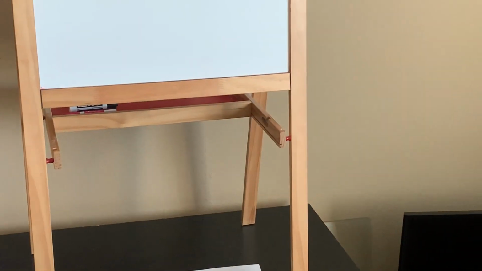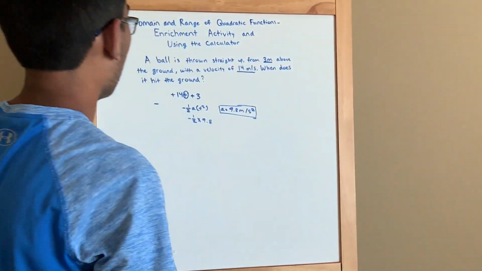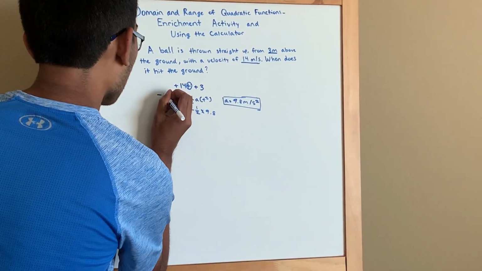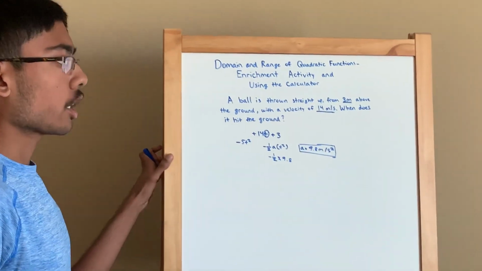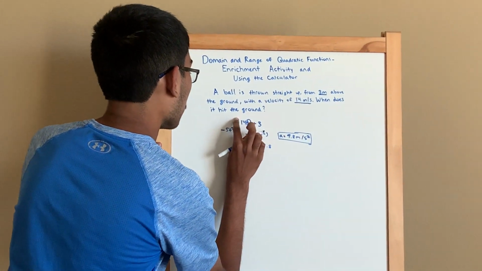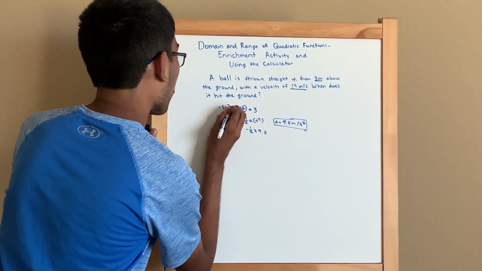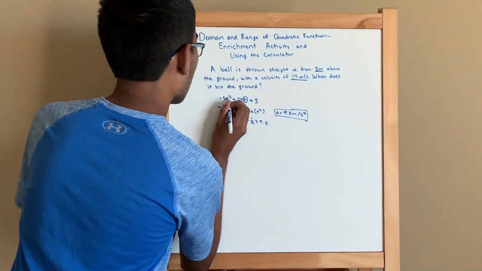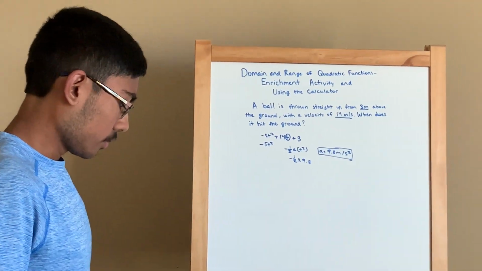So that's your answer: -5 t squared. And again, the t is for time. So this would be -5 t squared plus 14t plus 3.